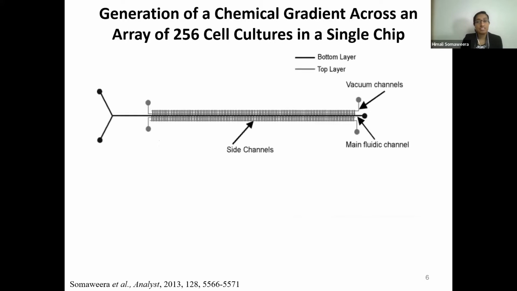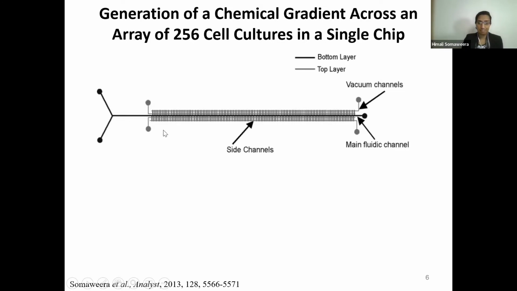So this is the design of the gradient generator, or culture array chip, that I designed. In this chip design, you can see it's a Y shape, so you can flow one fluid from one side and the other fluid from the other side.